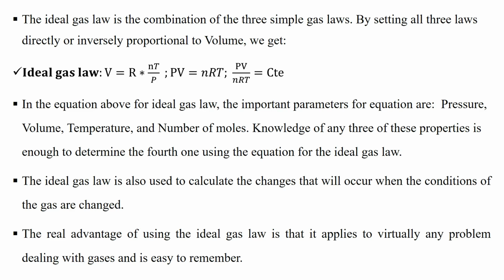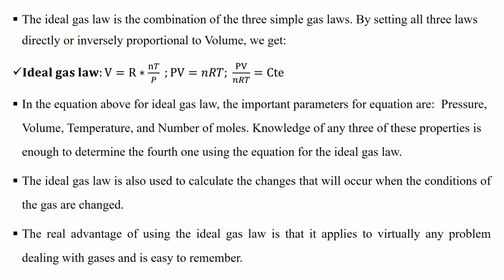In the ideal gas law equation, we have different important parameters: the pressure, the volume, the temperature, and the number of moles. So if you know 3 out of the 4 parameters in the equation, you can determine the fourth one.